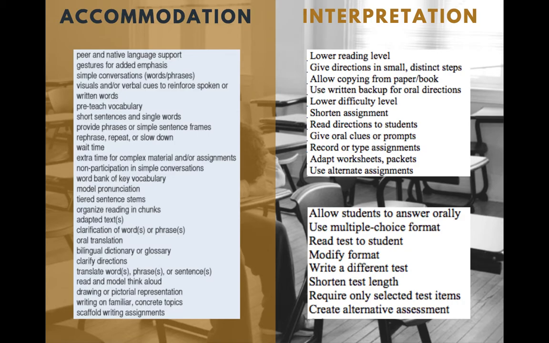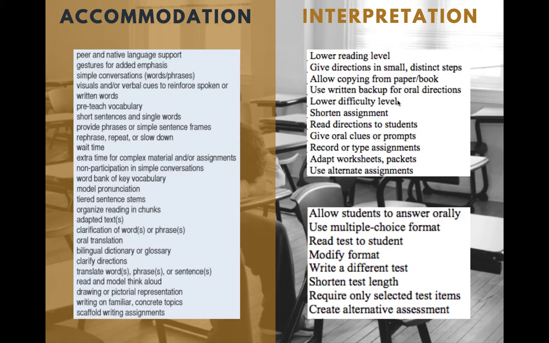So if I simply give this list to a teacher and it says lower the reading level, my teachers are typically going to see that and go, okay, well, I just need to give easier text to read, and that's it. This one here in the middle scares the pants off me. Lower difficulty level. That is just illegal. I mean, that is something that you would provide only for a student with cognitive delays in an ARD, specifically scripted by the ARD, with very clear objectives.